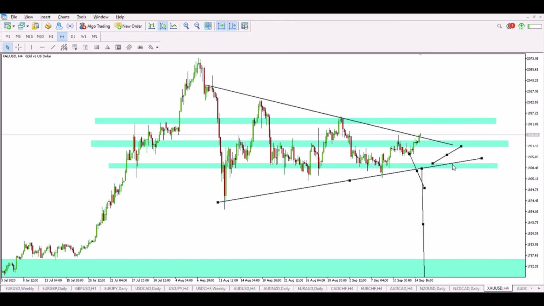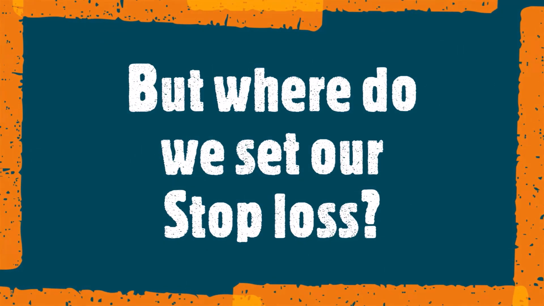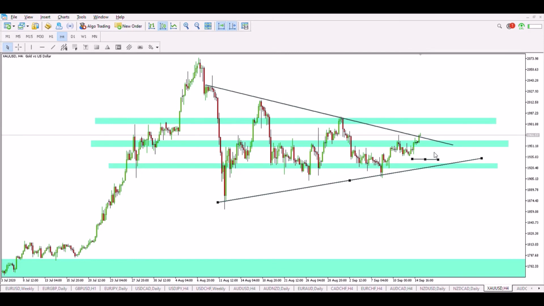Okay guys, this is all about this pattern. You can find a lot of information on the internet about it. You can read about it. You can set your stop loss somewhere here or under the triangle, because if the price goes back and retests the support, it will not stop you out because your stop is here.